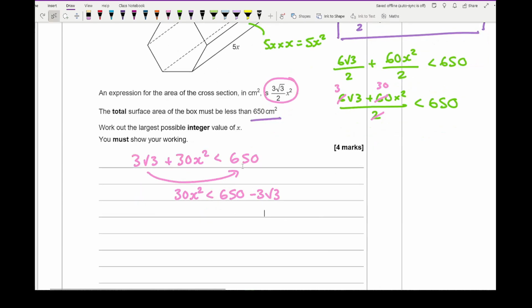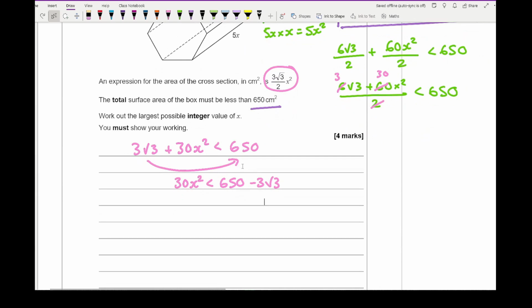If I type that all into my calculator, and let me just quickly do that, 650 minus 3 root 3 gives me an answer of 644.8038476.